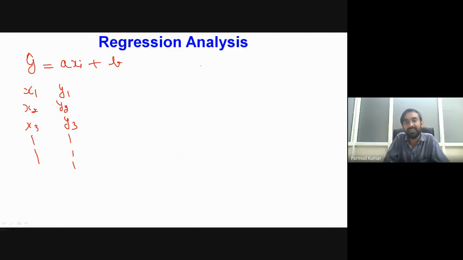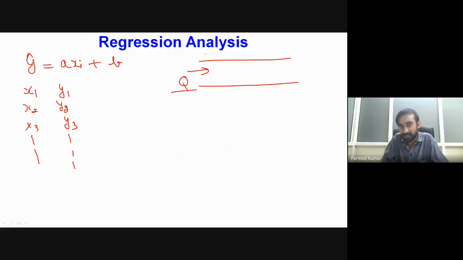For example, consider flow through a pipe. Q is my flow rate, and if inside this pipe we measure the pressure drop across the two ends of the pipe, then delta P is another measured quantity, which depends upon the flow rate of the fluid inside the pipe.